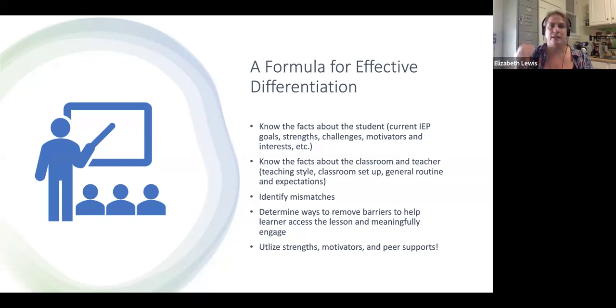A clear understanding of who that kiddo is, what their strengths are, their areas of need, their IEP goals, their current and present levels, their motivators and interests, and what is completely off the table for them, things that are highly dysregulating that we need to avoid. Understanding those facts gives us a foundational, holistic view of the student.